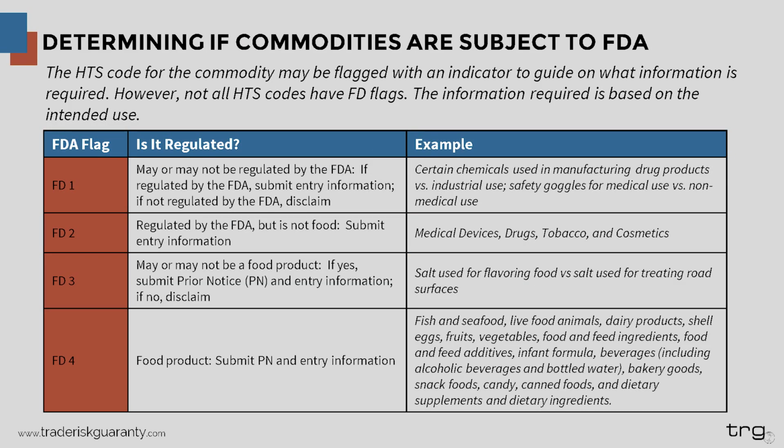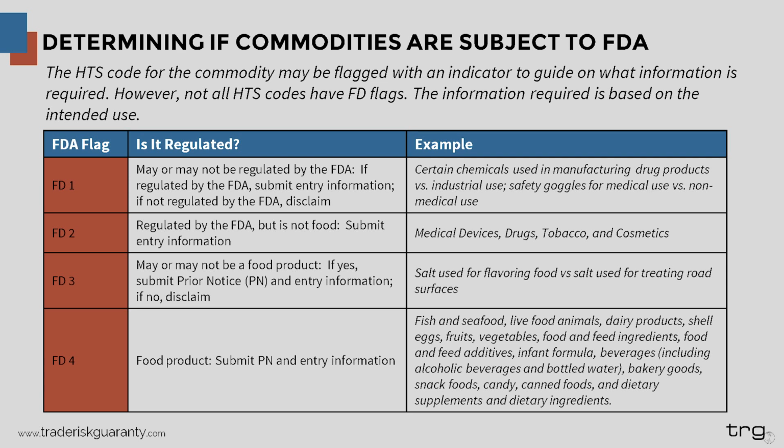Okay, so the first step is determining if your imported commodity is subject to FDA regulations and what the next steps are. The HTS code for the commodity you are importing may be flagged with an indicator known as an FD flag, which acts as a guide on what information is required. However, and this can be confusing, not all HTS codes have FD flags.